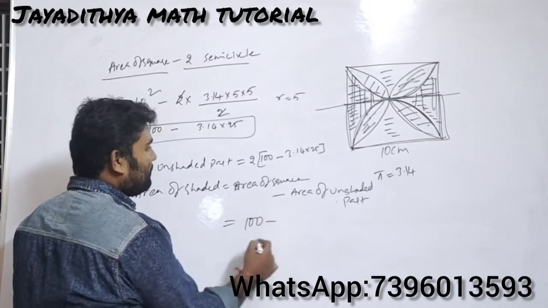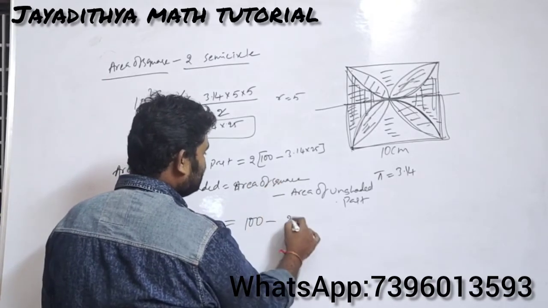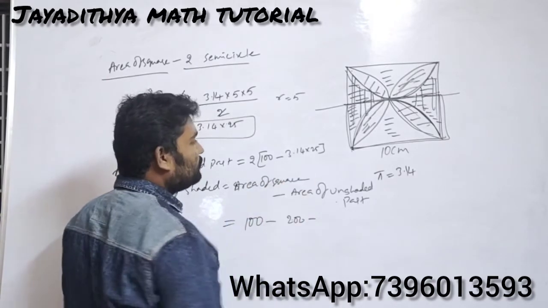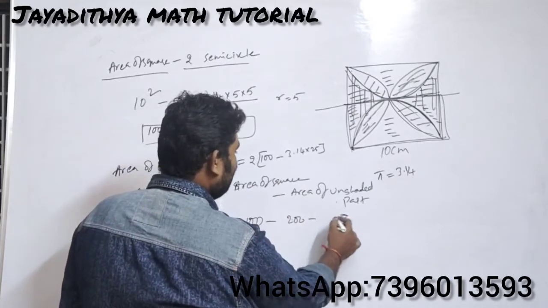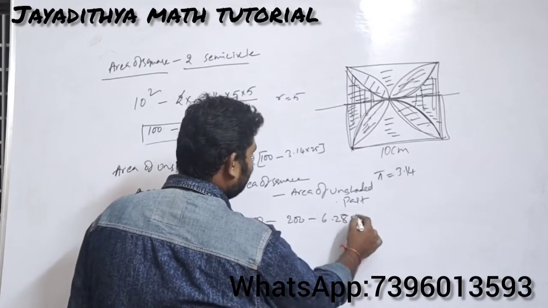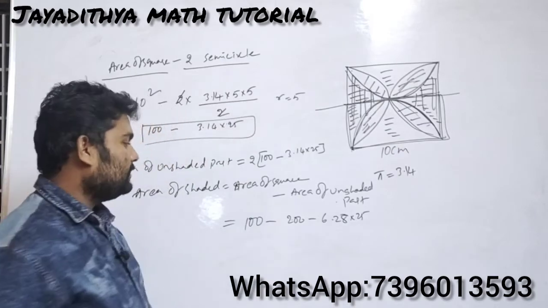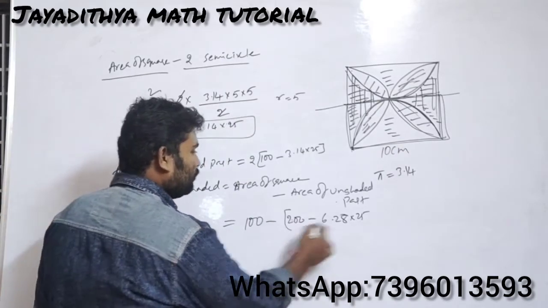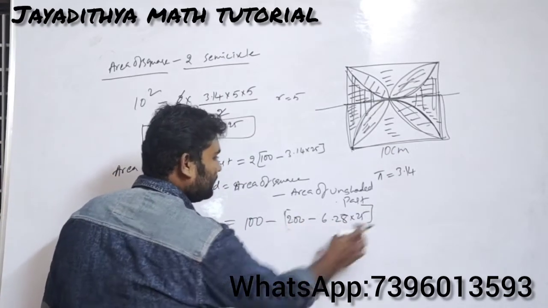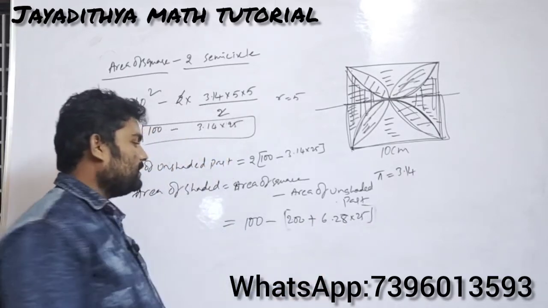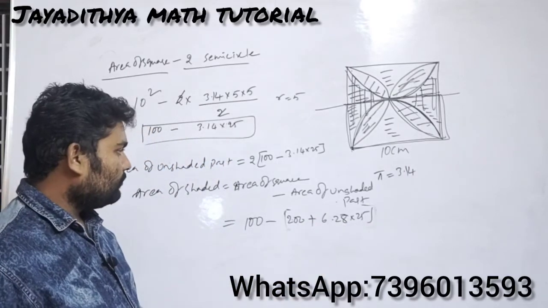That is 100 minus 2 into 100 is 200, minus 2 into 3.14, that is 6.28 into 25. So here you will have a bracket. If you open the bracket, this will be plus and this will be minus. Clear?